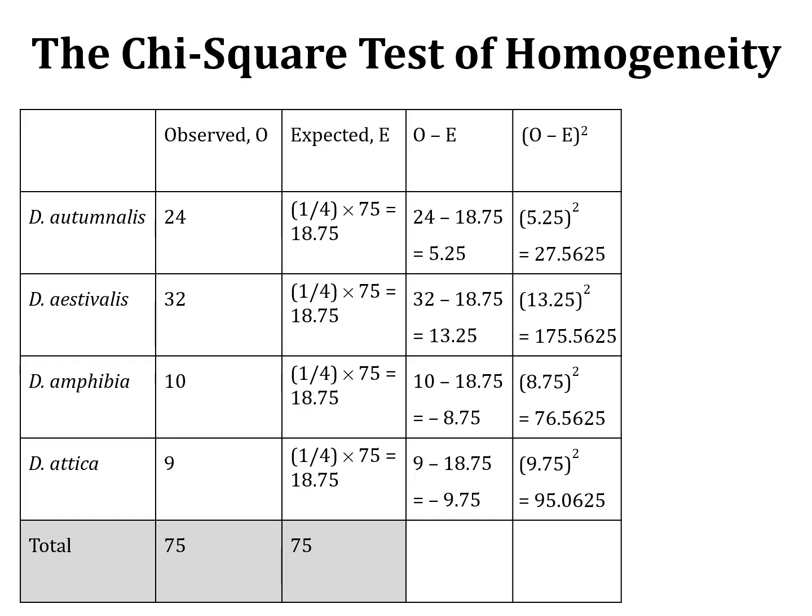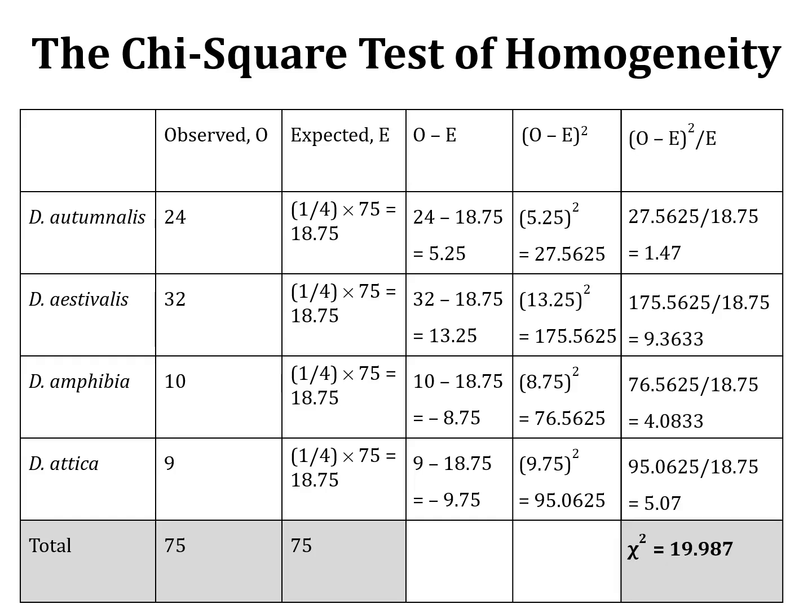Then the square of 13.25, the difference between observed and expected frequency of Dixella aestivalis. Then the square of 8.75, the difference between the expected and observed frequencies of Dixella amphibia. And then the square of 9.75, the difference between observed and expected frequency of Dixella erica.